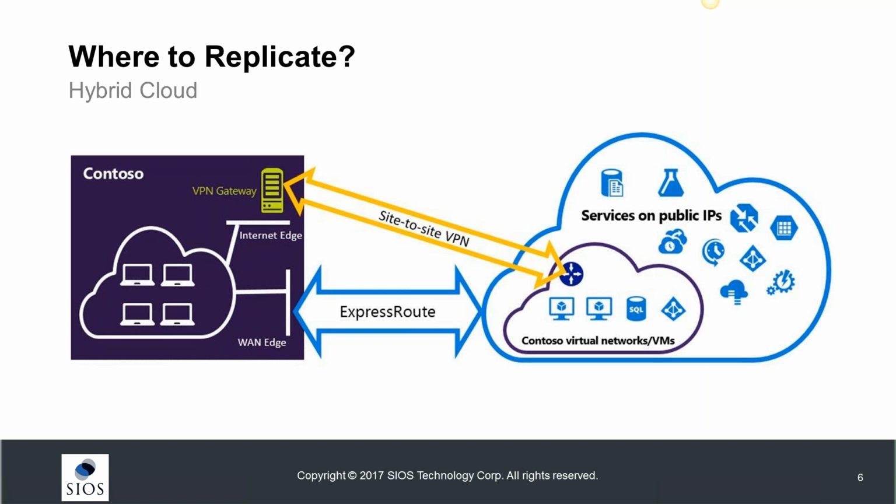So when we're talking about data replication and disaster recovery, first thing we have to decide is, where are we going to replicate? One of the options is to deploy a hybrid cloud where you span your on-premise data center into Azure. You can connect either with a private direct connection via ExpressRoute or a site-to-site VPN connection.